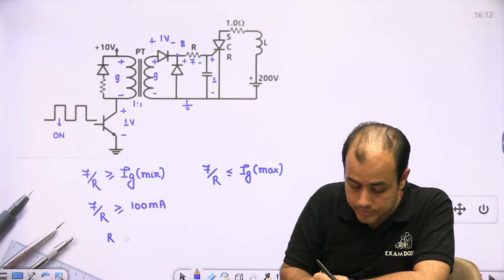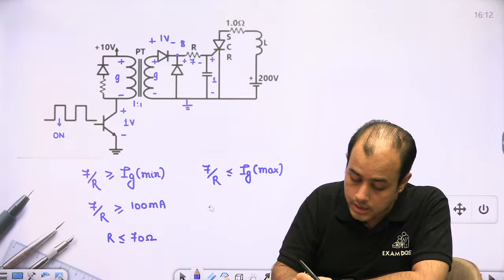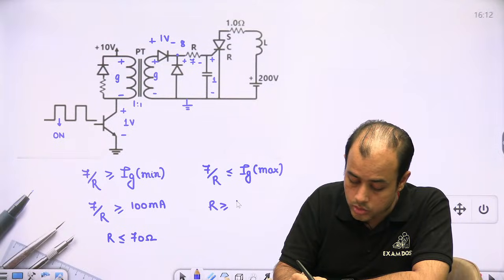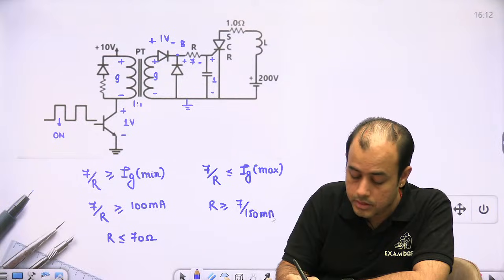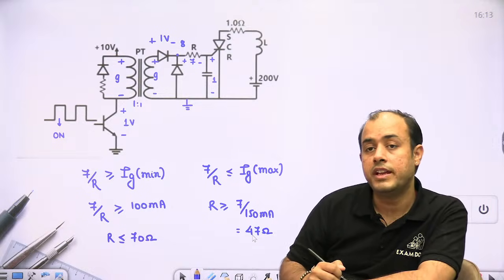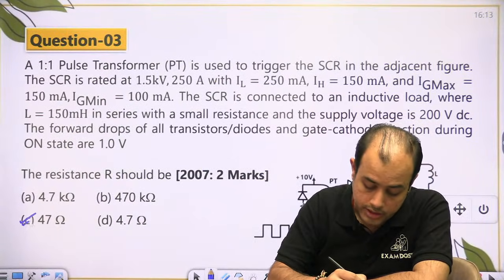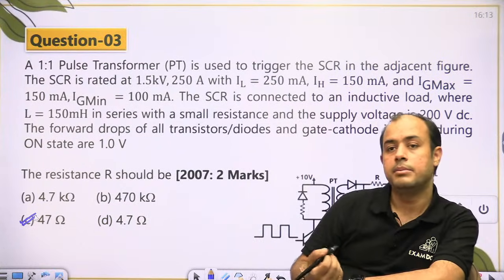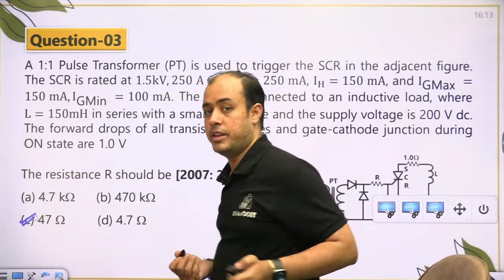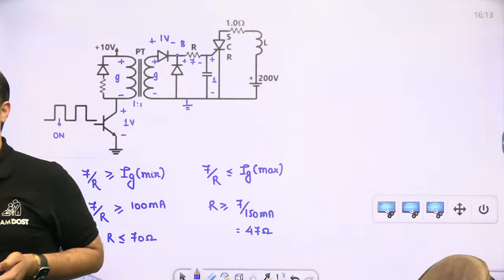So R is less than or equal to 70 ohm, and R is greater than or equal to 47 ohm. So it should be between 47 and 70, so the answer should be 47. The value I am getting is 47.